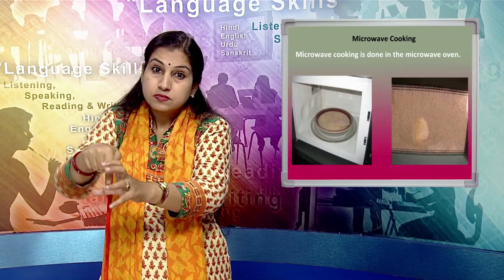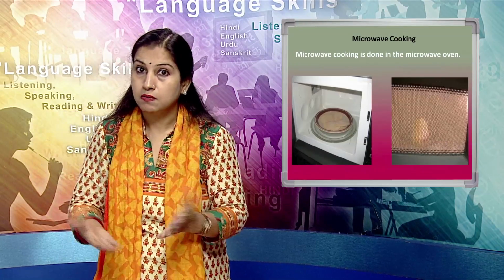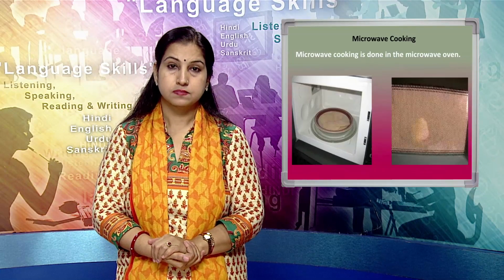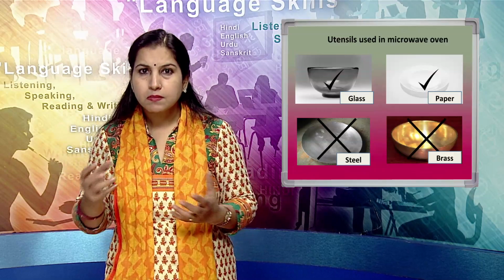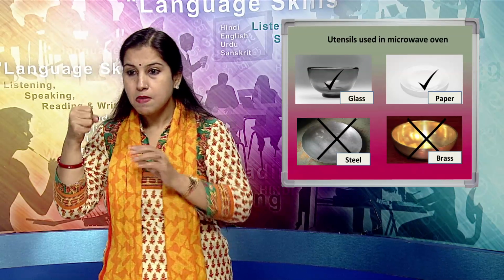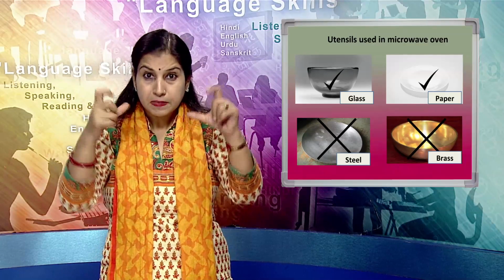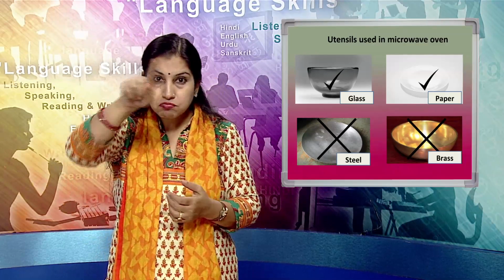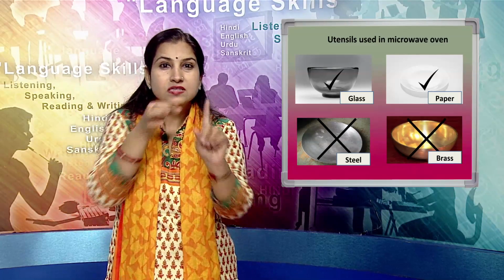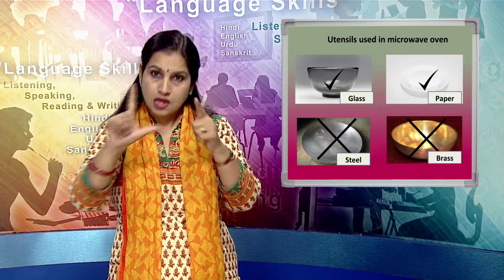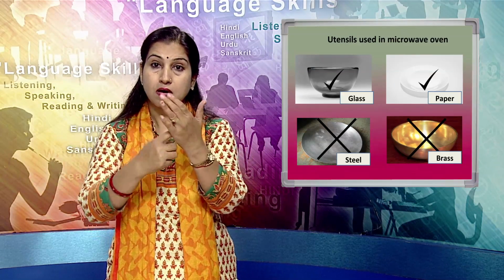Hence, food is cooked. Few of the utensils used in microwave oven, you can see in the picture. Steel and brass utensils are not to be used in the microwave oven.